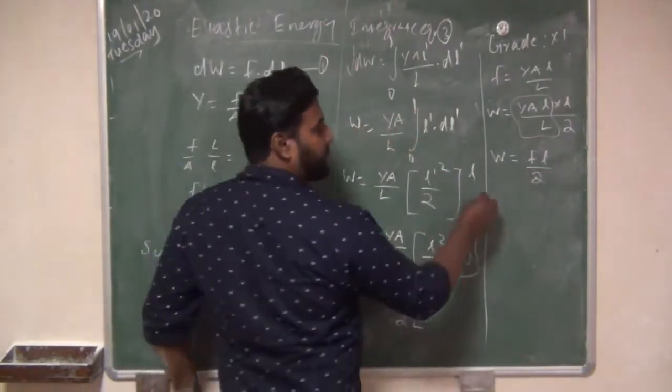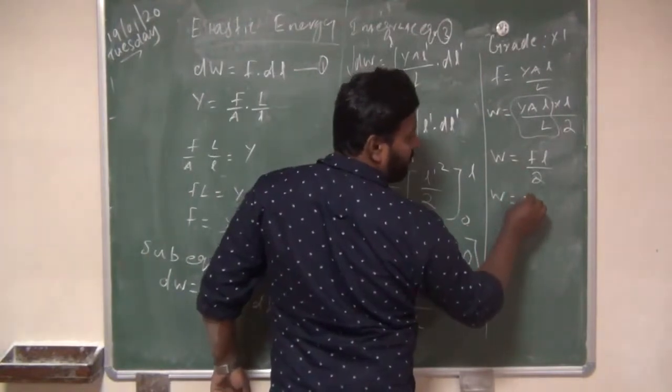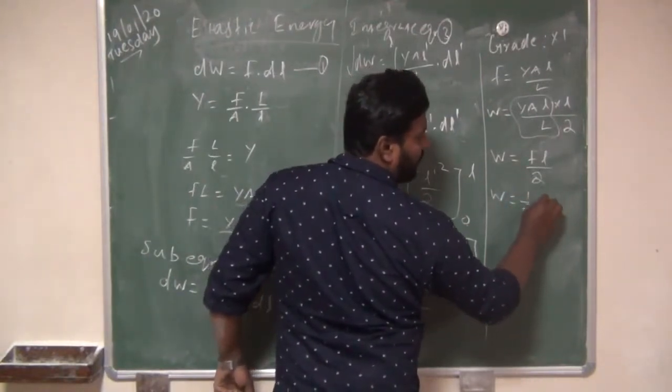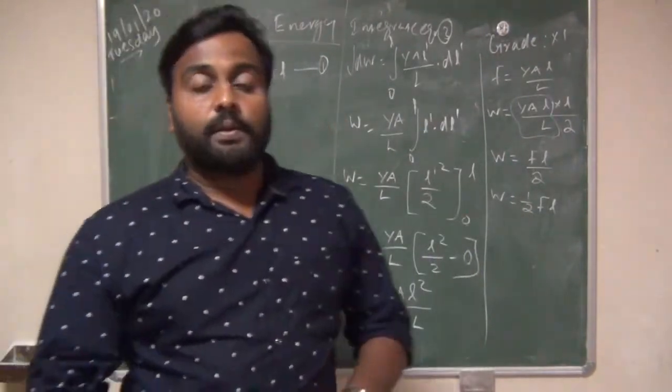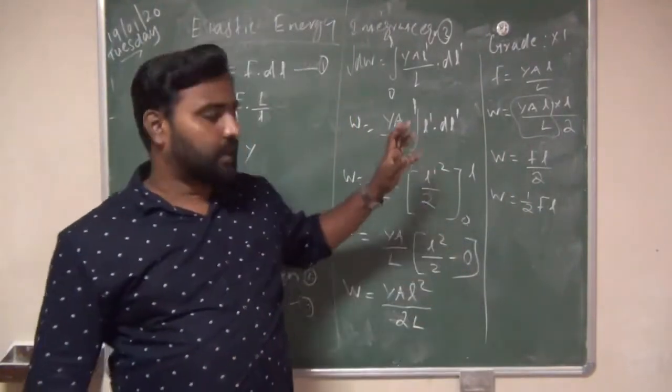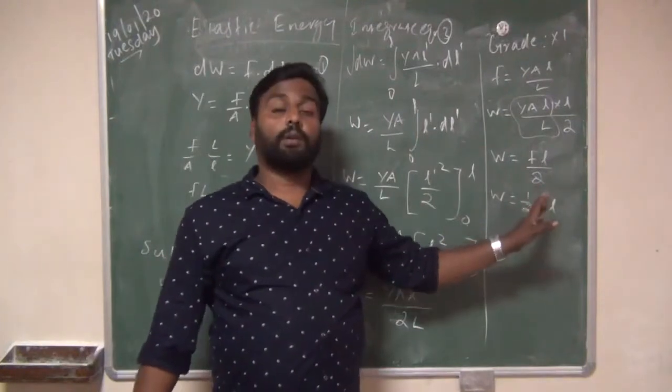So we can write this equation as W equal to 1 by 2 F L. This is the work done, 1 by 2 FL.